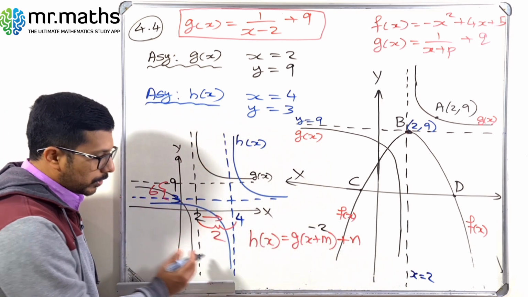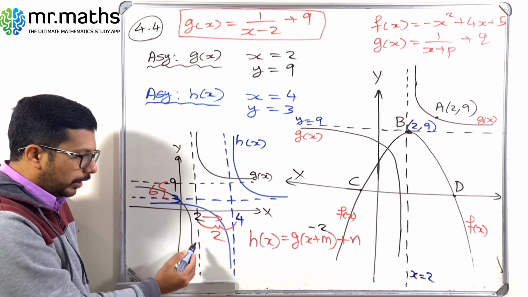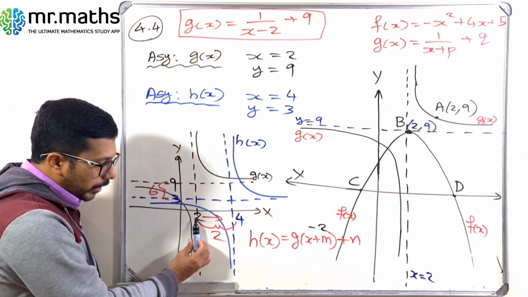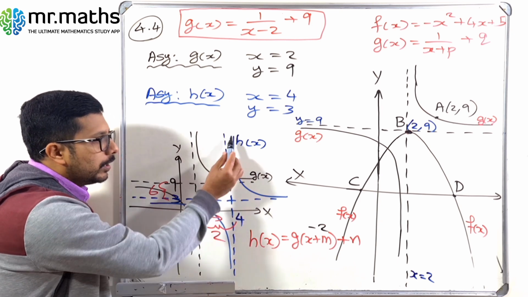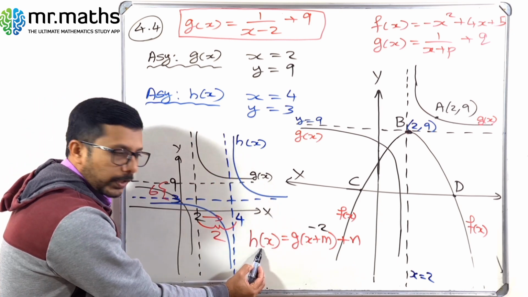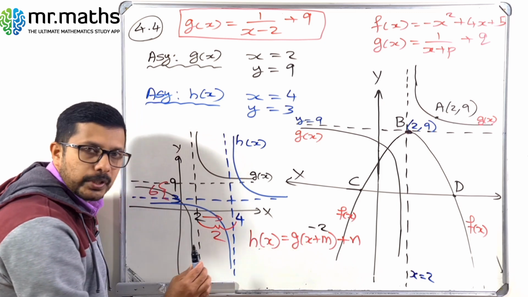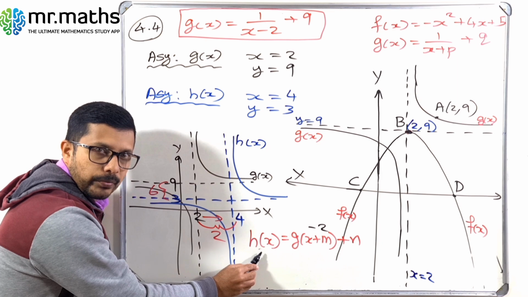So the value of m is minus 2, because this g of x graph, the black one, moved 2 units to the right to get this blue one, the h of x graph.